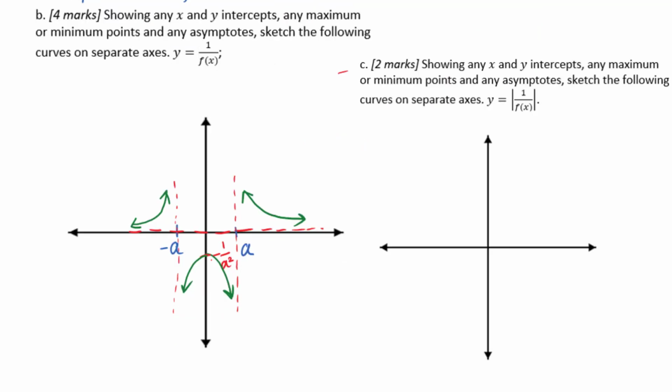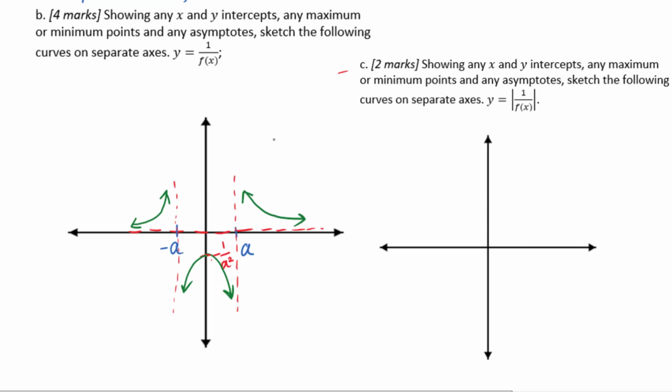Let's go to c, showing any x and y intercepts, any maximum or minimum points, and any asymptotes. Sketch the following curve on separate axes. y equals absolute value of 1 over f of x.